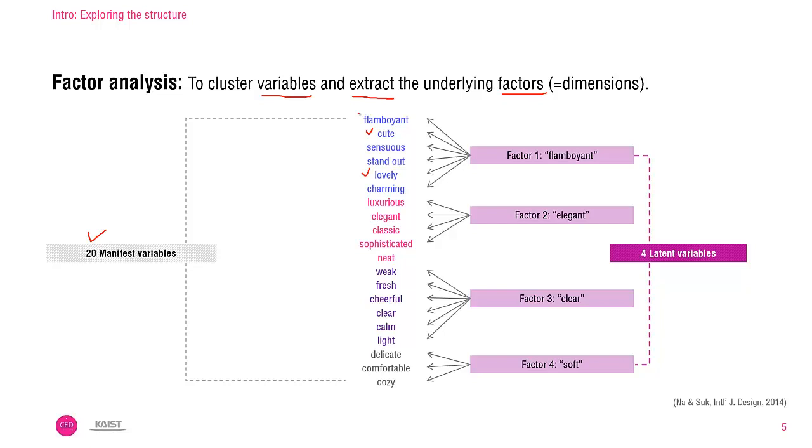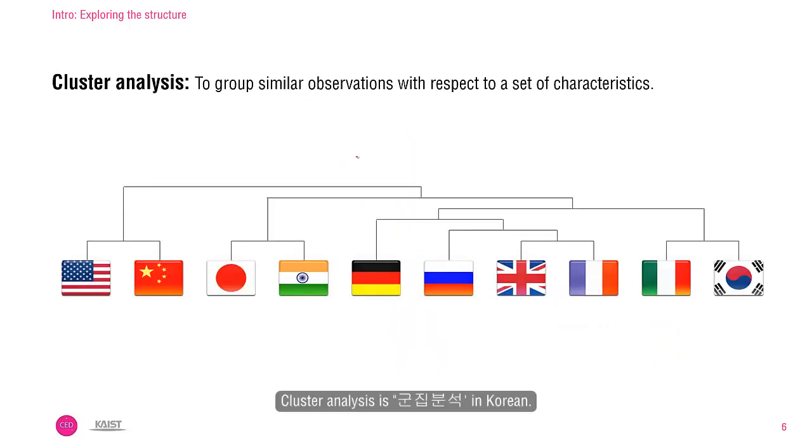In measuring the characteristics of different colors, we extracted these four factors. And then we labeled the factors as flamboyant dimension, elegant dimension, clear dimension, and soft dimension, respectively. However, even though you use exactly the same adjectives, if you assess a different substance, you will observe a different clustering.